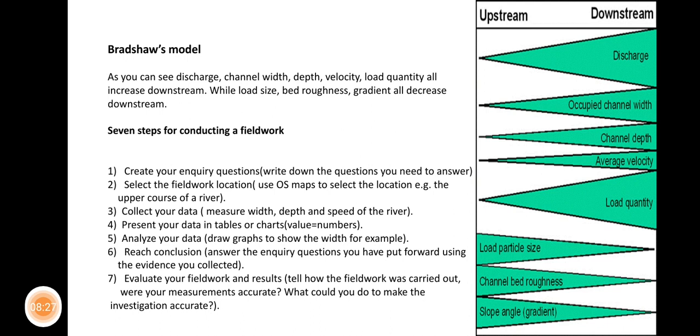Collect your data, and you collect your data by measuring the width, the depth, and the speed of the river. For the width, you can use a measuring tape, and for the depth, you can use a special kind of ruler. For the speed, you can use any floating object.